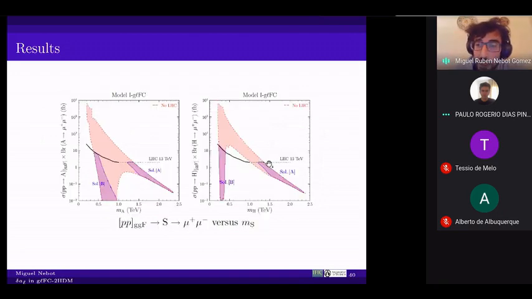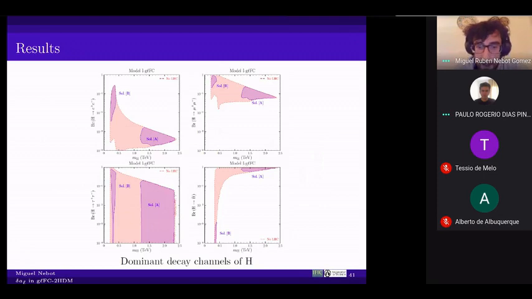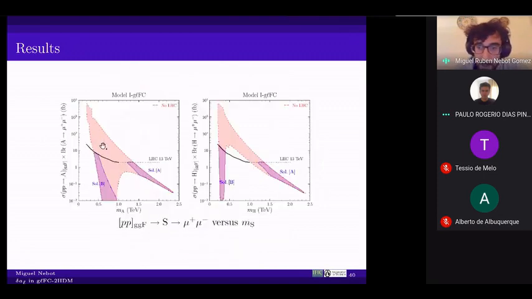This is because you have, for example, these resonant searches at LHC, which cut through these regions, leaving you just with two branches, one for each solution, which are disjoint.